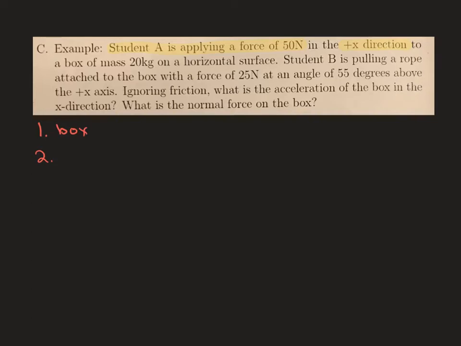So that tells me that there is a force applied in the positive x direction along a horizontal surface. So that tells me that there is a force normal, and the surface is horizontal, so that means that the force normal must be vertical, or in the positive y direction. The box also has mass, which tells me that we have a force of gravity in the negative y direction.